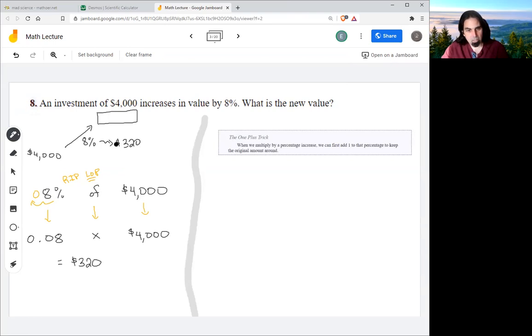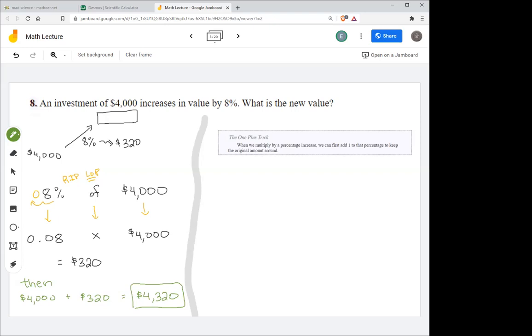We have to stick it back on top, which is really easy because there's no carrying. Okay, good so far.